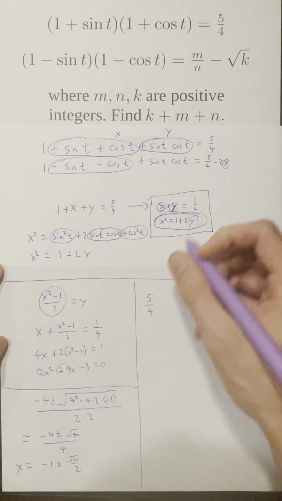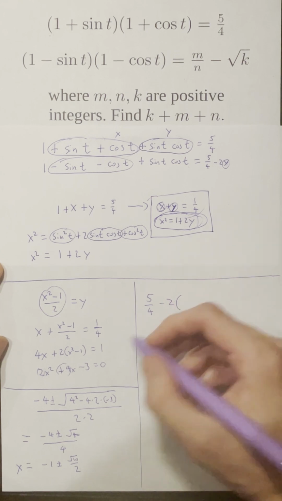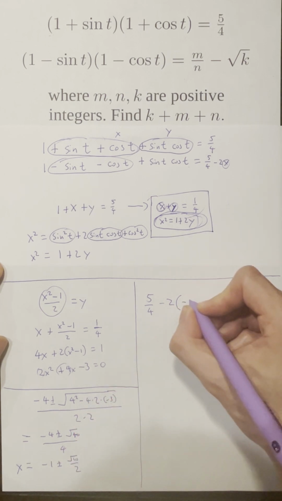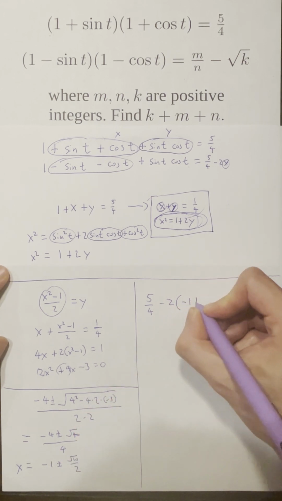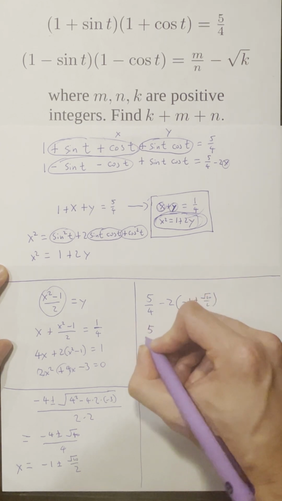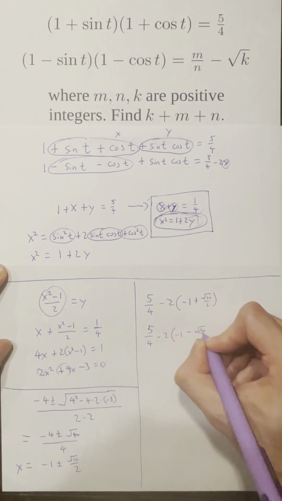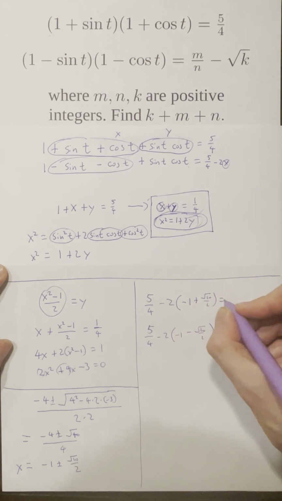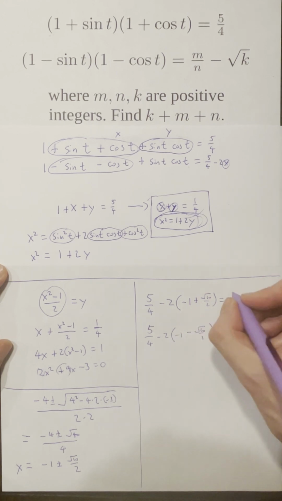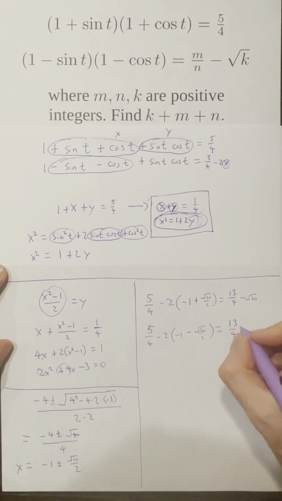So 5 over 4 minus 2 times x, which is, okay, I'll plug in negative 1 plus root 10 over 2. And then we've got 5 over 4 minus 2 times negative 1 minus root 10 over 2. Okay, so this first one's going to be equal to 13 over 4 minus root 10, and the second one is going to be 13 over 4 plus root 10.